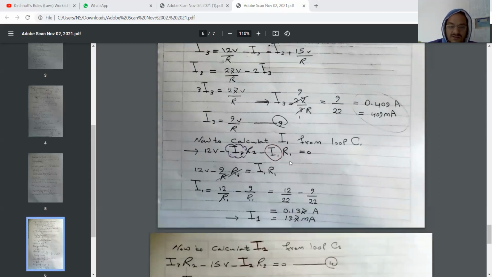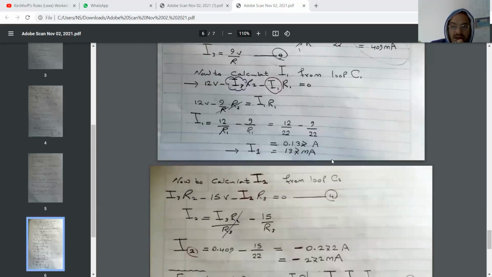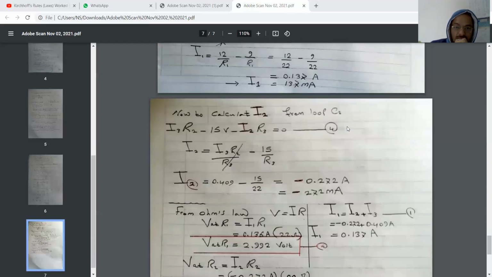But here I started by calculating I1, and after that calculated I2. Here I1 equals 137 milliampere. Now we just have I2 left, and then we will have all of these currents.